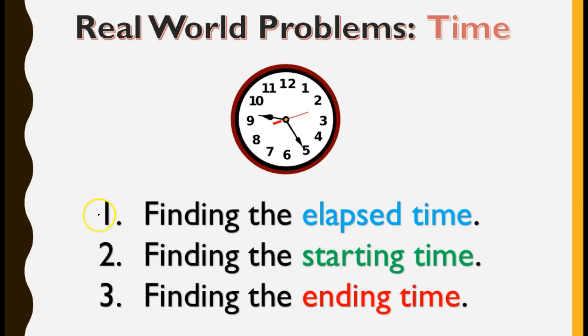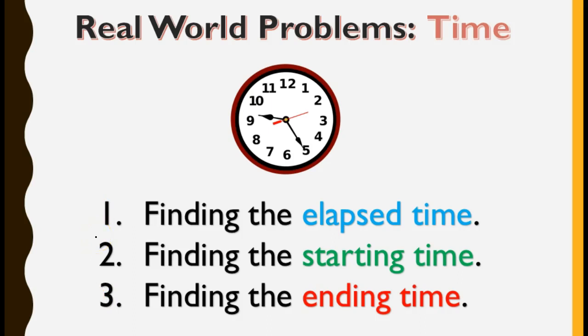And sometimes it's challenging because in my experience, sometimes I have found a solution or a strategy for finding the elapsed time that doesn't really work very well when trying to find the starting time. Or I found a strategy that works really good with finding the ending time, but doesn't work when I'm trying to find the elapsed time.